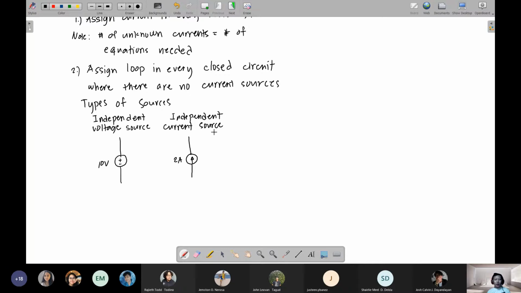Okay? Of course, if there is an independent source, there's also a dependent source. So you have a dependent voltage source. It's plus minus because it's a voltage source, but it's not a circle anymore, this time it's a diamond.